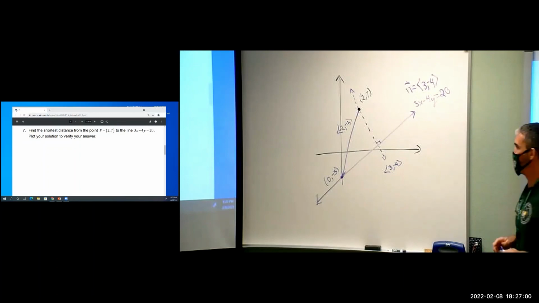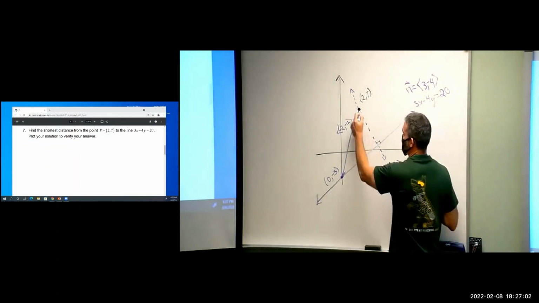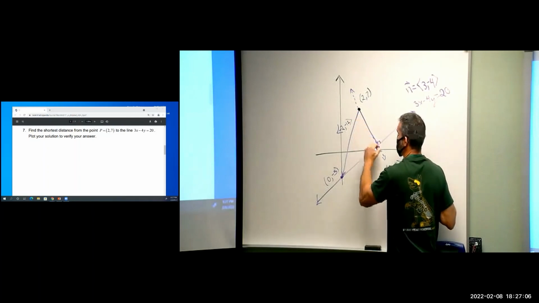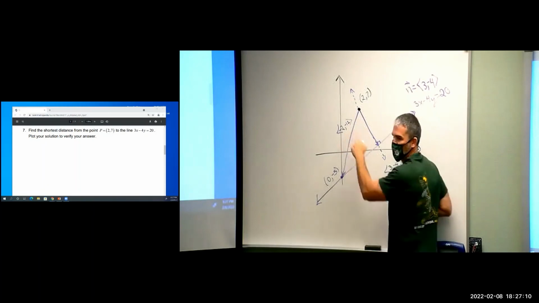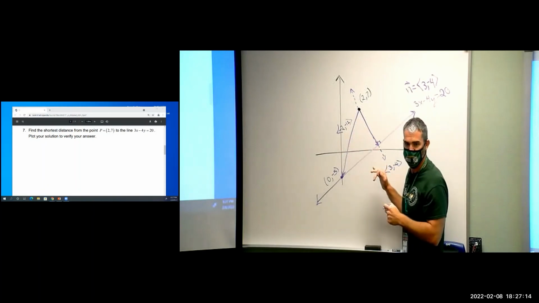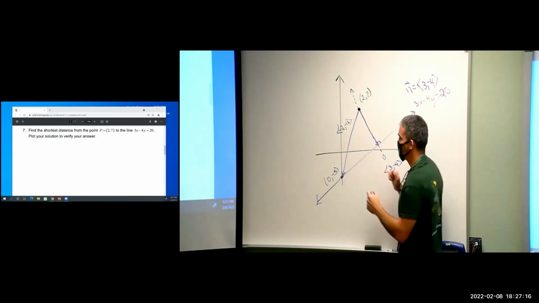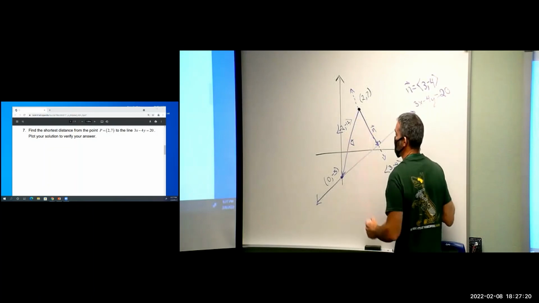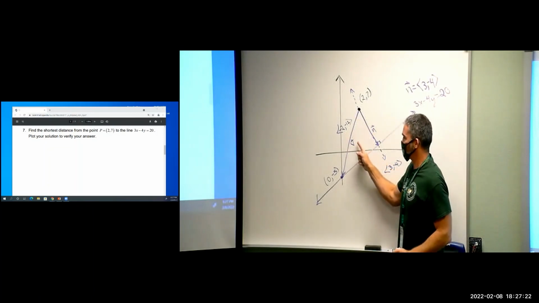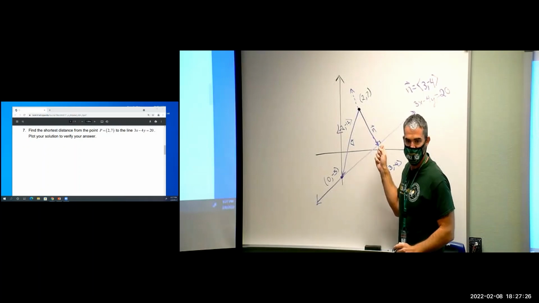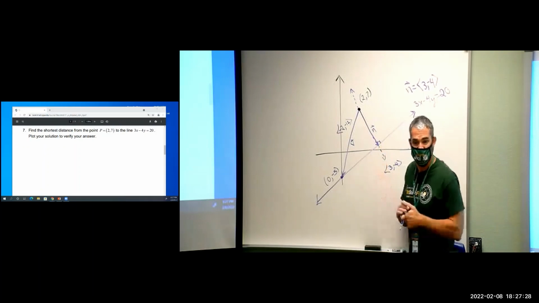Think about what we want. We want this right there: the vector component of the vector we just found in the direction of the normal vector. If we call this vector V and this one N, we want the vector projection of V in the direction of N. That's what the dot product does.